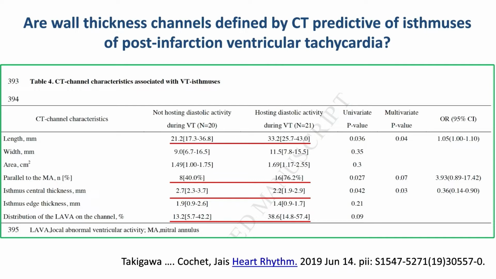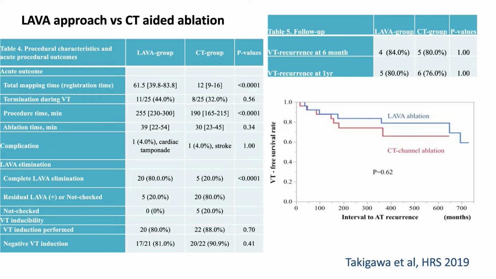Now, it's also interesting to see that there are some characteristics with the length and width of these channels when they are hosting some diastolic activity during VT, versus not hosting them. Again, I think that artificial intelligence will really help here.